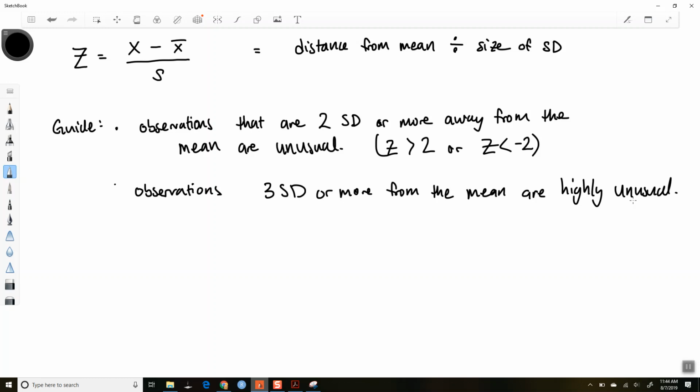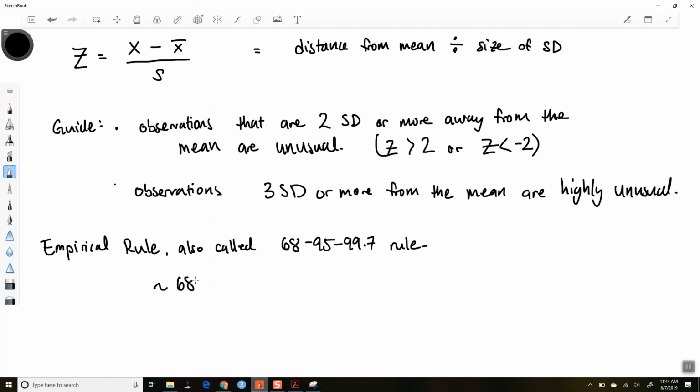There's something to go along with it called the empirical rule, also called the 68, 95, 99.7 rule for these numbers. And we say around 68% have z between -1 and +1.